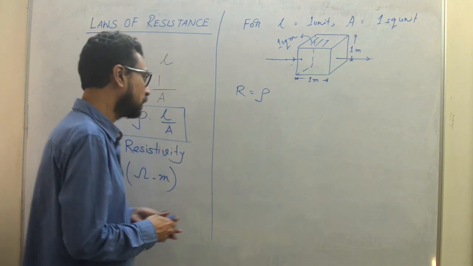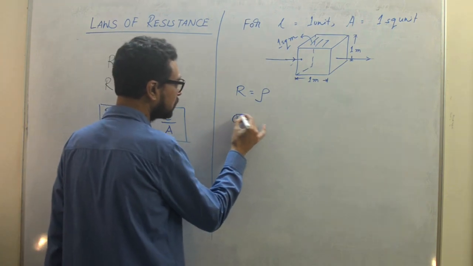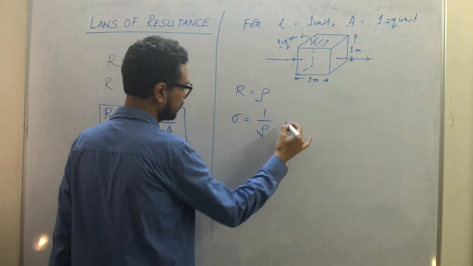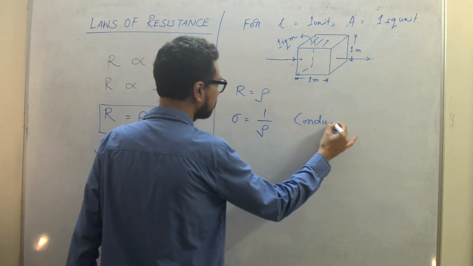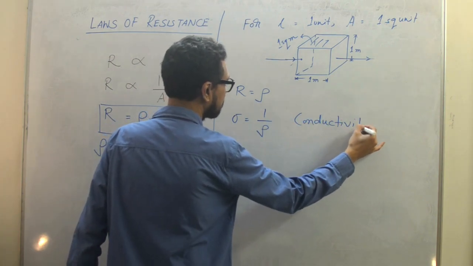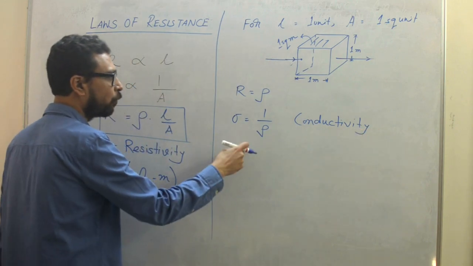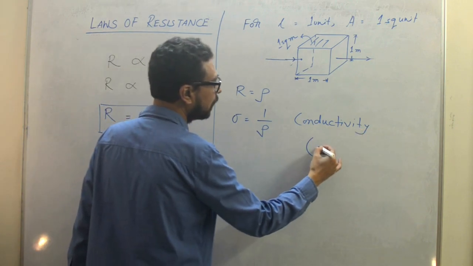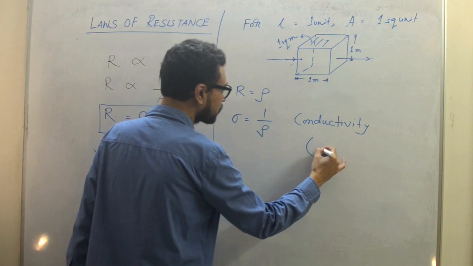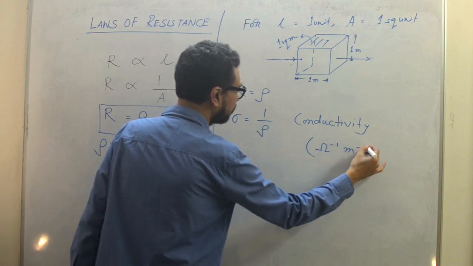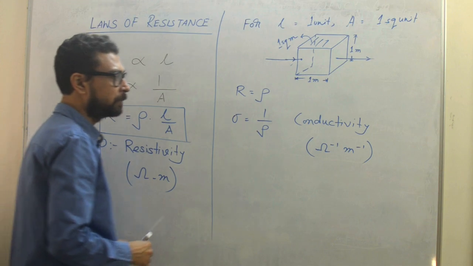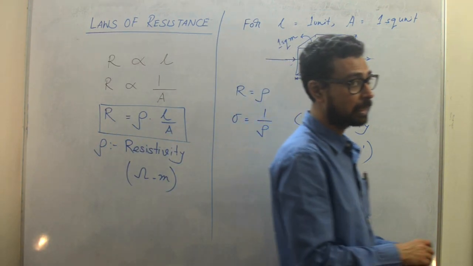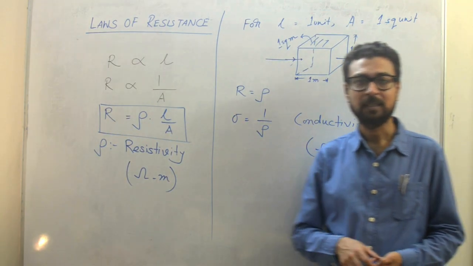And again, we also have another thing called conductivity. Conductivity is the reciprocal of resistivity, and it is 1 by rho, and the unit for conductivity is per ohm per meter, which is the reciprocal of the unit of resistivity.